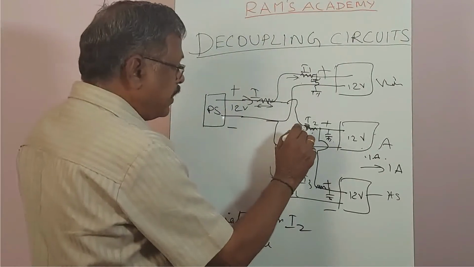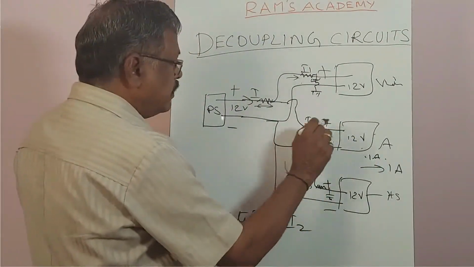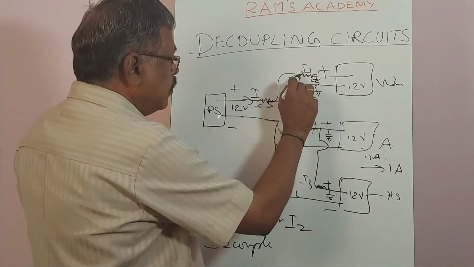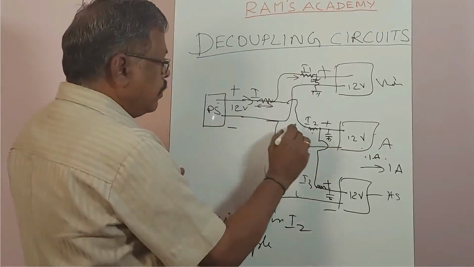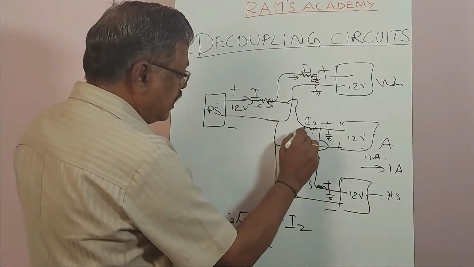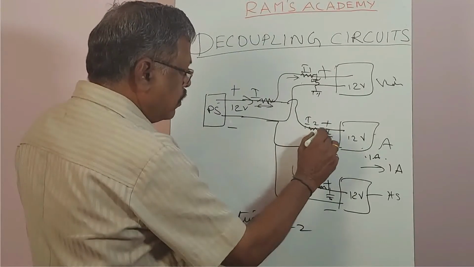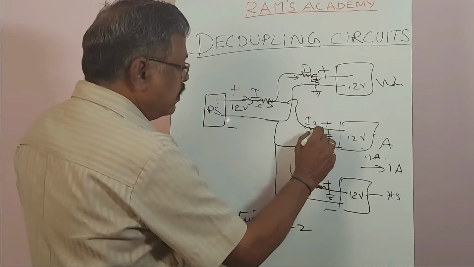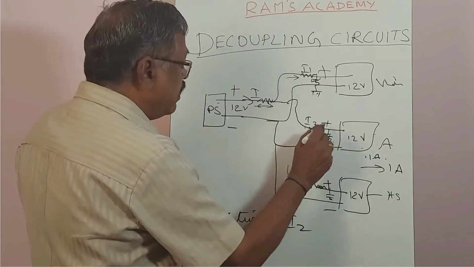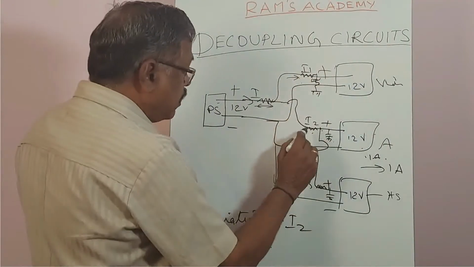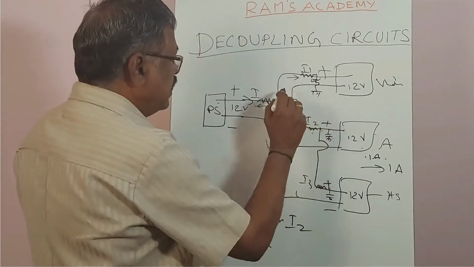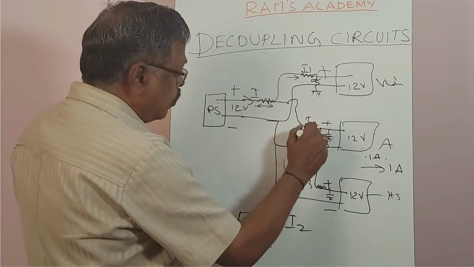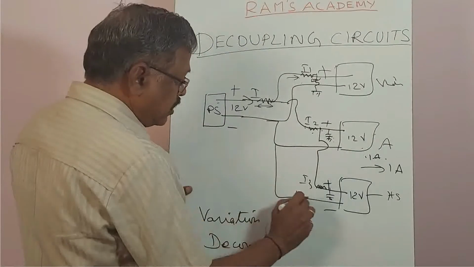Therefore, the effect of the changes in the current of the second stage cannot create any drop here. Here the voltage is going to be exactly 12 only, but if the voltage comes down here, that creates a charging and discharging effect on this capacitor. Therefore, that variation is not carried from this stage to the other stage because of this resistor and capacitor. The changes occurring here do not change the current or voltage applied to the second or third stage.